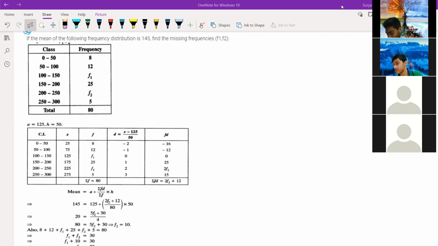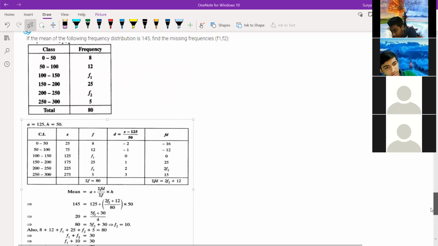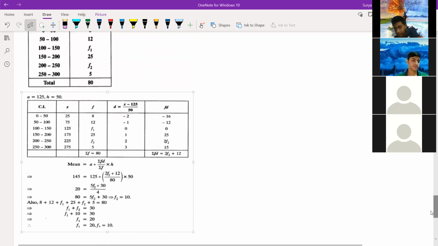I got the same, sir. You got the same. F1 equals 20 and F2 equals 10. Yeah, 20 and 10. Good. Actually, I also did the assumed mean method because it didn't work in the normal method. It was taking too much time.